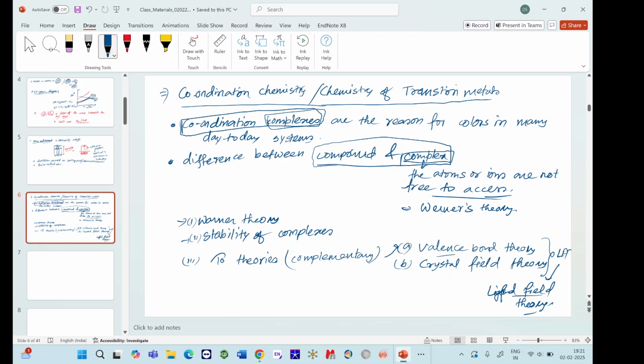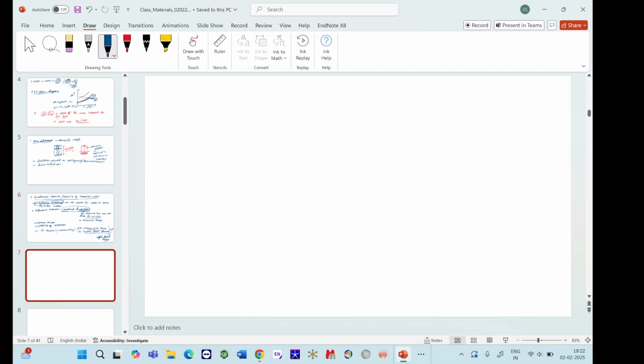So valence bond theory came first, and then to rectify its disadvantages or defects, crystal field theory came. But after that, we could see that it is not solely enough to describe all the properties of coordination complexes. And then we combined these two and got a theory called ligand field theory. Okay. So let us start with that.